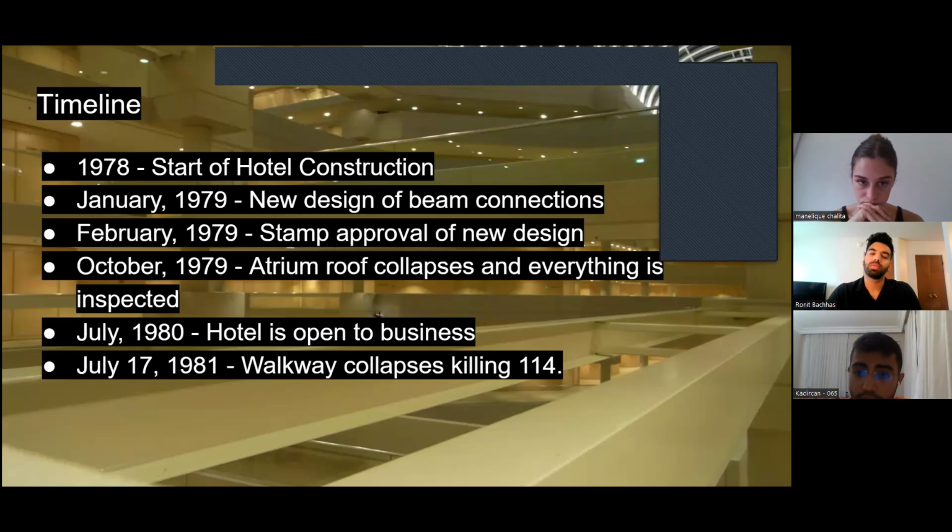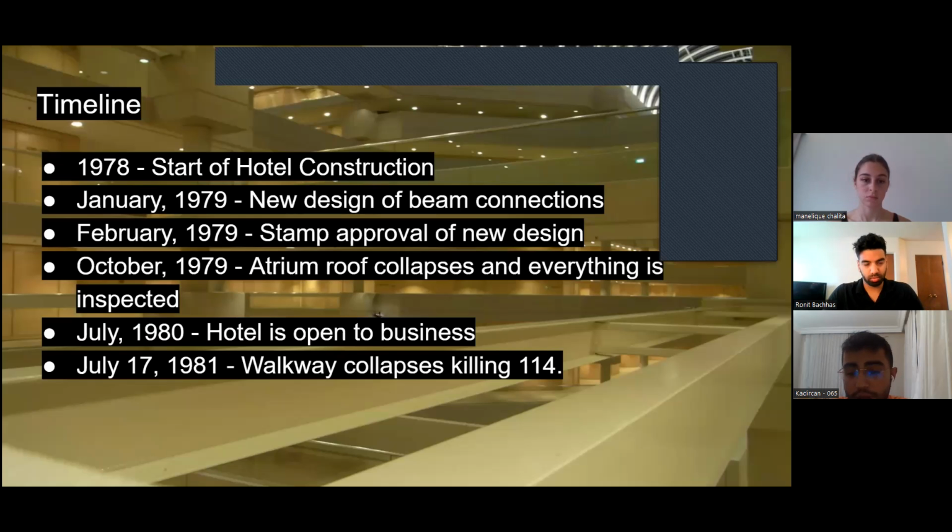In October 1979, during the construction, there was a roof collapse, and nobody died. Then the investigators came in and the engineers agreed that everything was safe and they fixed the roof. They sent approval of safety to the owner. In July 1980, the hotel was open to business.